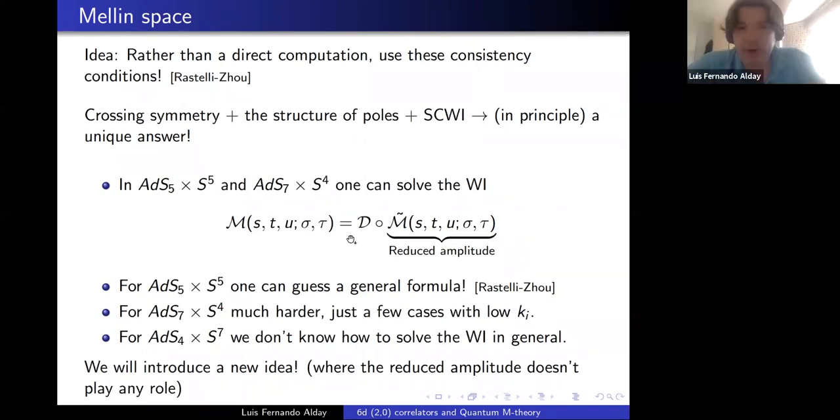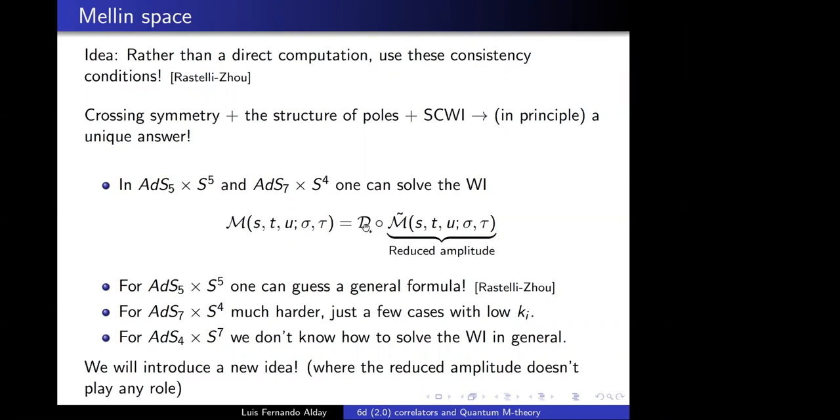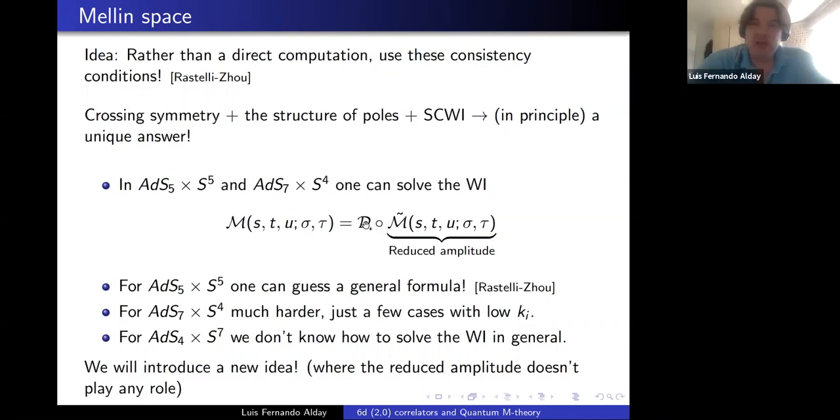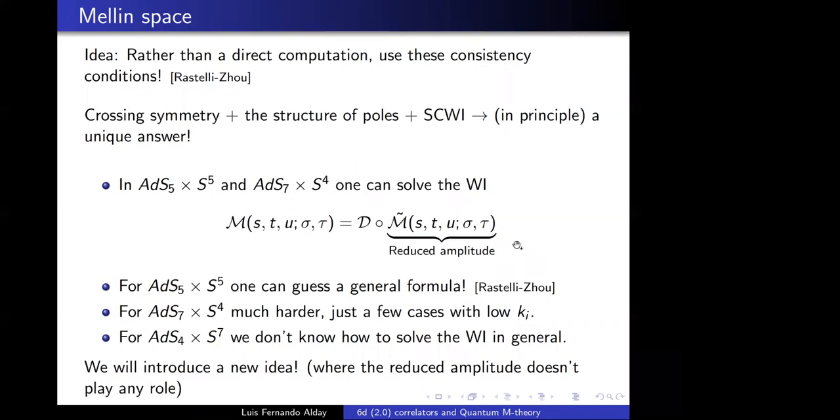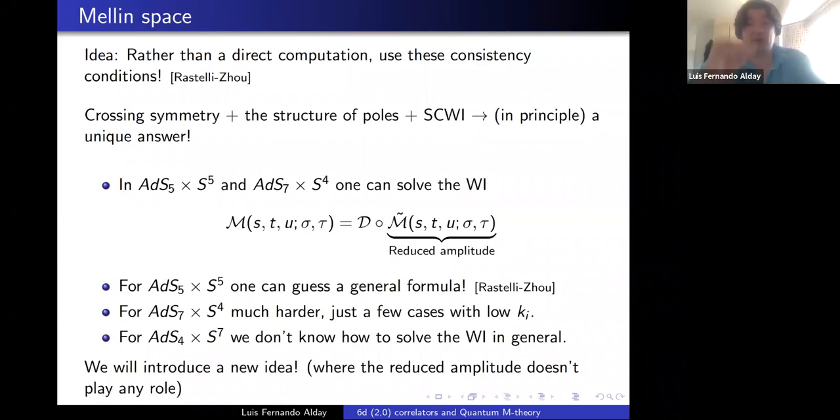So for tree-level amplitudes, I think this is the only kind of solution. However, studying this operator D mathematically is quite complicated. It is not clear what the kernel of this is, and these are all non-invertible operators, etc. So I don't think it has been proven mathematically. However, what happens for AdS5 cross S5 is that all the solutions can be written like this. It's a very good question, actually.